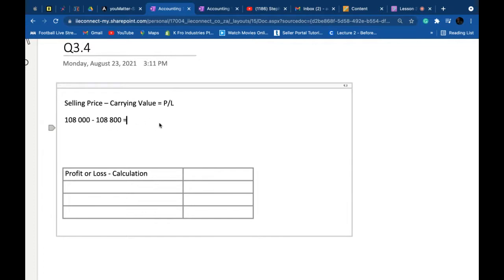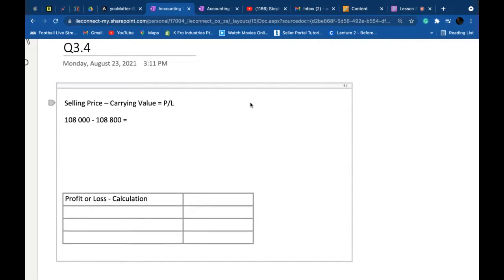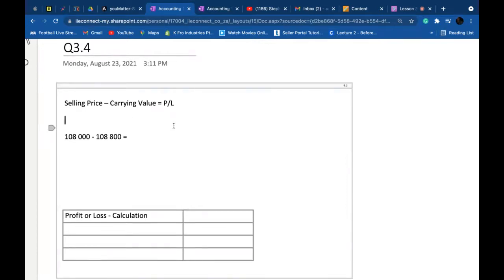A lot of the times you will actually need to calculate that carrying value. How do we calculate carrying value? Let me do it up top here with the other formulas. To get the carrying value, we say cost, meaning how much we bought this asset for, minus the accumulated depreciation.